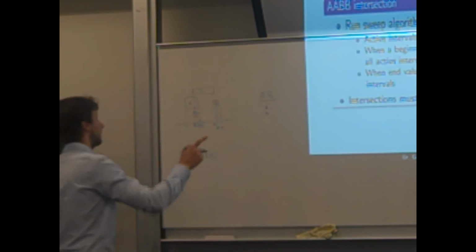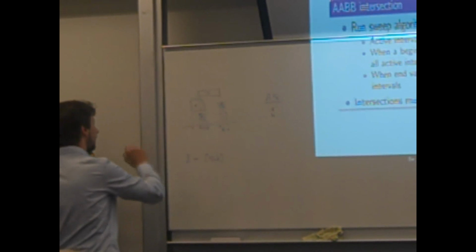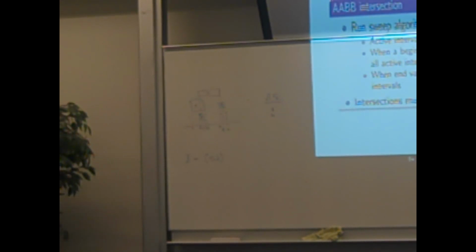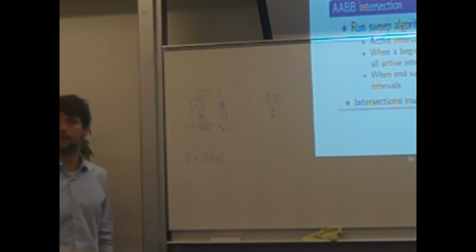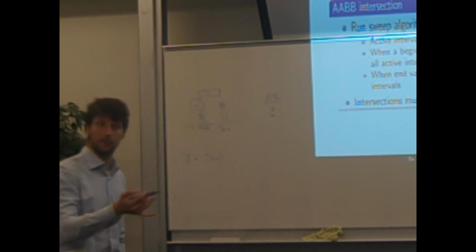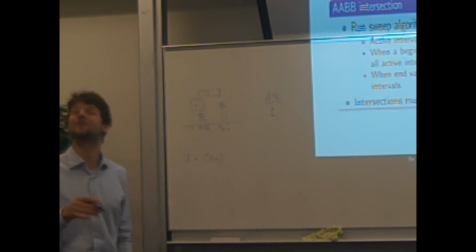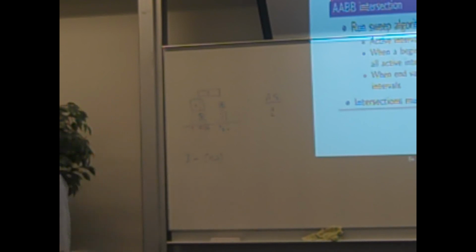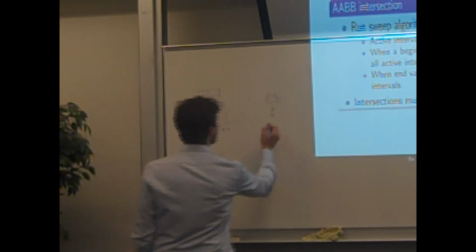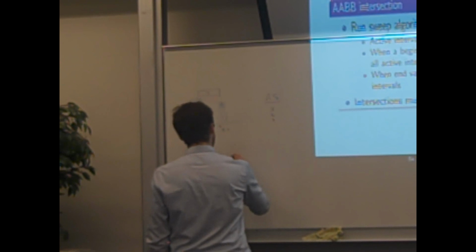Now, the next point is C. C is an opening. What happens? You add 3 to the active set, and then you have an intersection between 1 and 3, and 2 and 3. Very good.